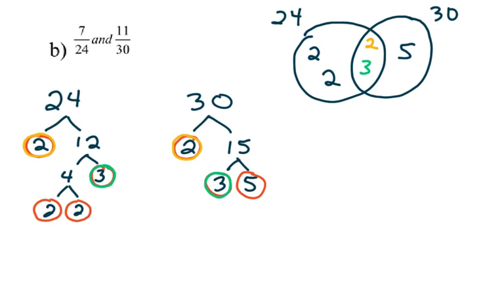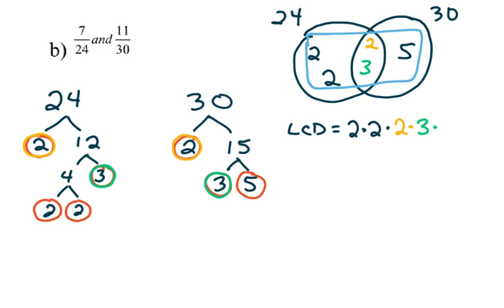Now the least common denominator for our two numbers, 24 and 30, is a combination of all of these factors in our Venn diagram multiplied together. And so we have 2 times 2 times 2 times 3 times 5.